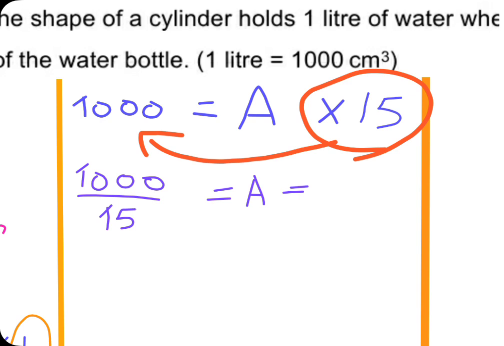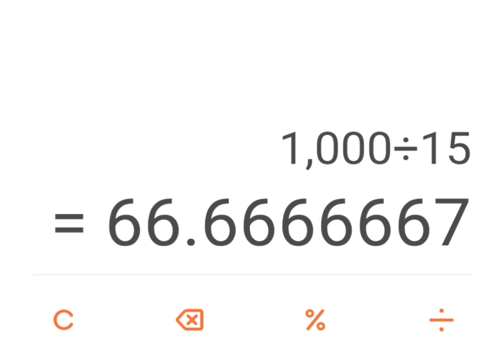We can use the calculator to answer a question like this. Because this is multiplied here, we took it to the other side by dividing. Now let's use the calculator to answer this. So 1000 divide 15 equals 66.6.